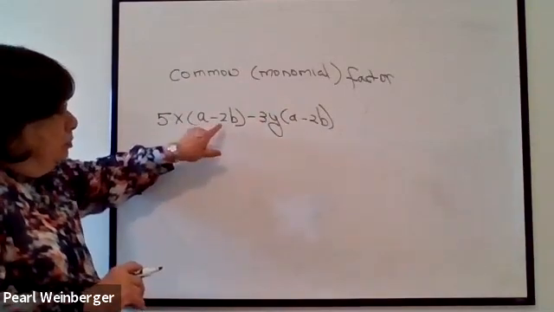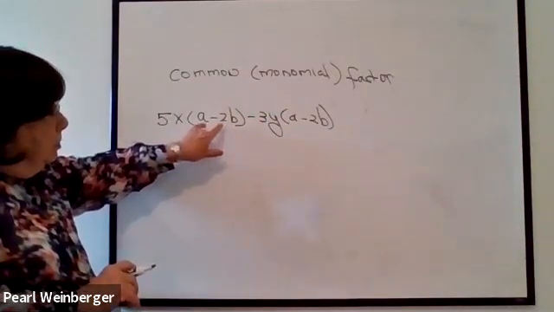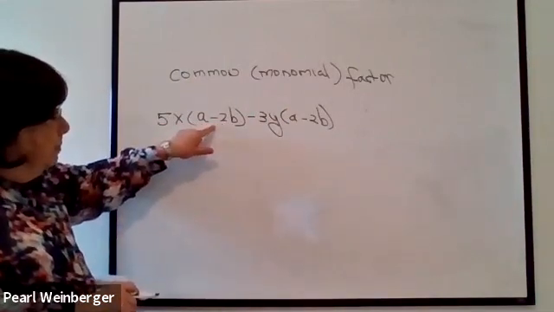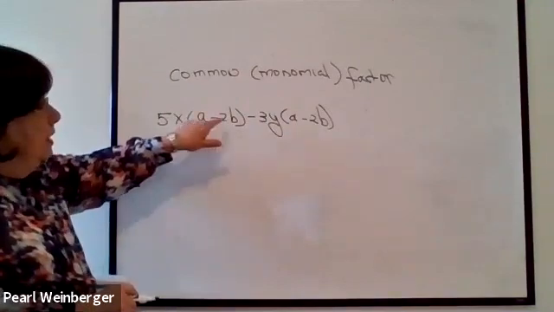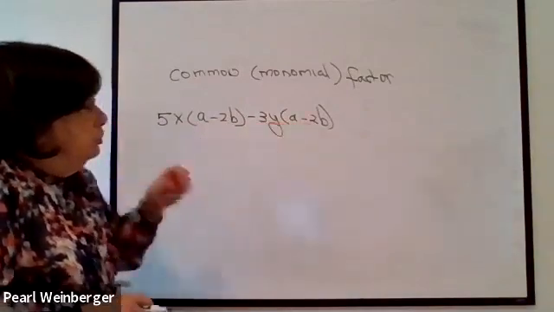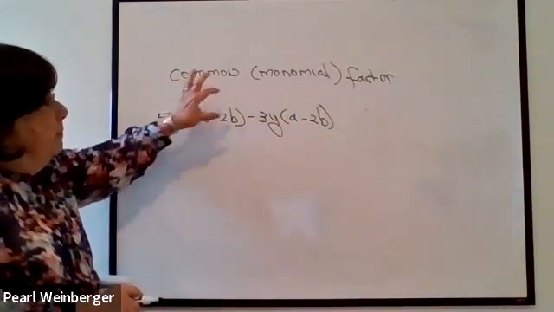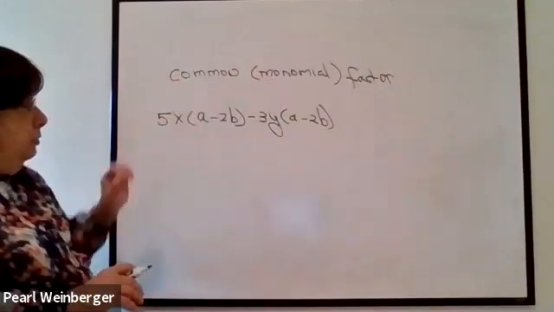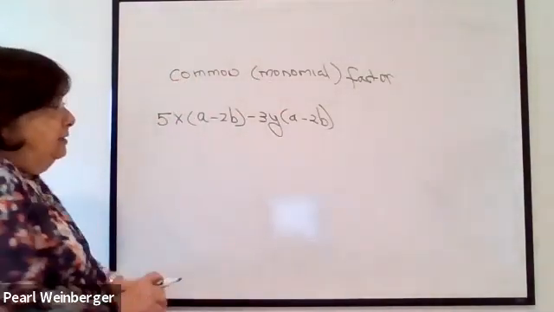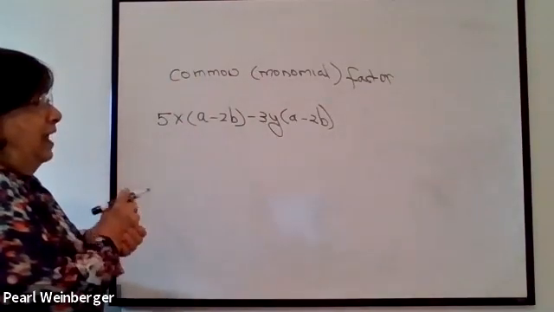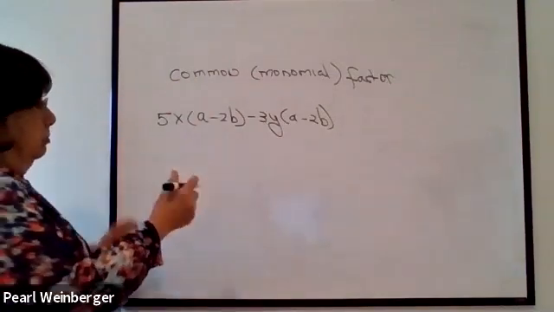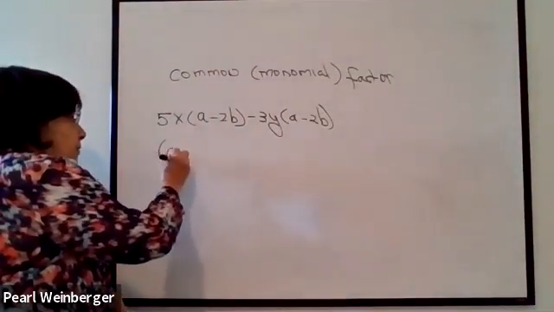But what I do notice is that the 5x is being multiplied by the binomial a minus 2b, and the negative 3y is multiplied by the binomial a minus 2b. There is a common binomial factor. And what we often do in that case is we factor out that common factor of a minus 2b.